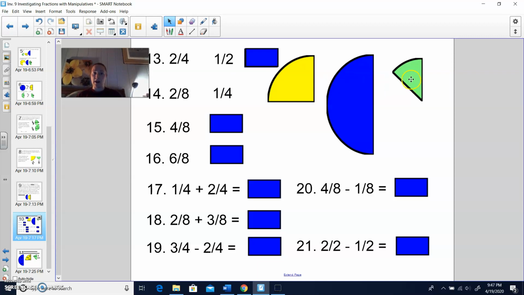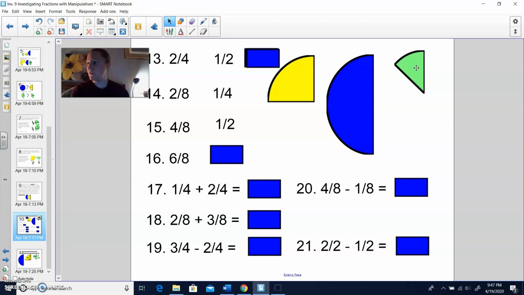If I had 4/8, so 4 of these pieces, what would be the same as 4/8? 1/2. If I had 6/8, so 6 of these pieces, what would that look like? You can use your fraction manipulatives to help you figure out what 6/8 would be the same as. 6/8 would be the same as having 3/4.